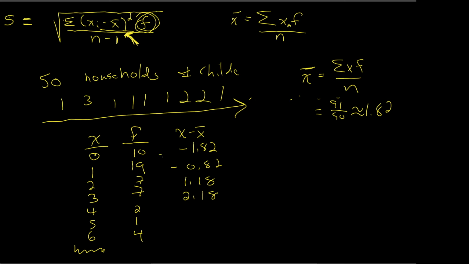Oops, let me get my lines straight here. 3.18. Let's see, 4 gives me 2.18. Let's see, that's 0. That's 1. That's 2. That's 3. I'm missing one in here. What did I do? 0, 1, 2, 3, 4, 5, 6. Good. So 0 minus 1.82 is this. 1 minus, 2 minus, 3 minus.